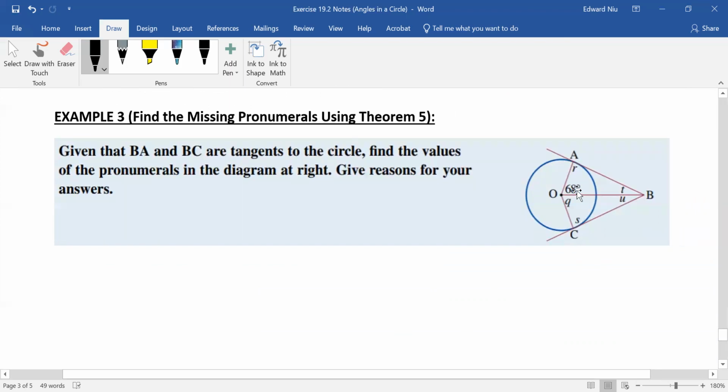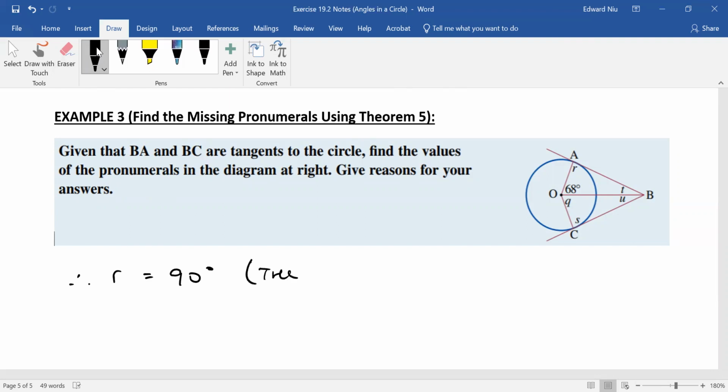So they tell us 68 degrees is the angle at O. So therefore we know R, it's lowercase, the angle at R is going to be 90 degrees, according to theorem 5. The angle at S is also going to be 90 degrees because of theorem 5.